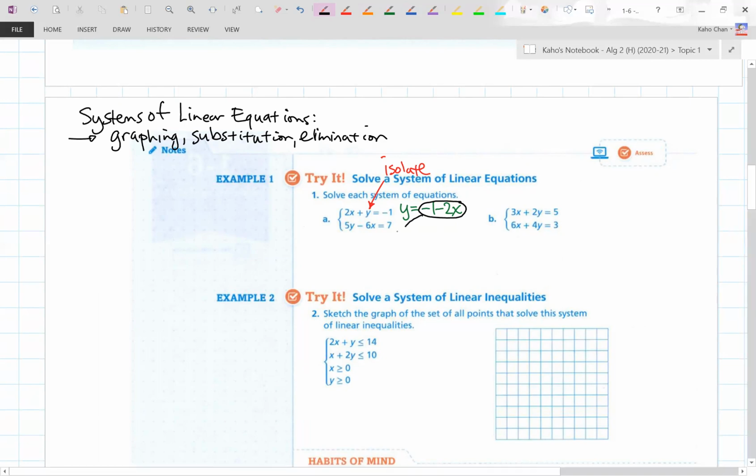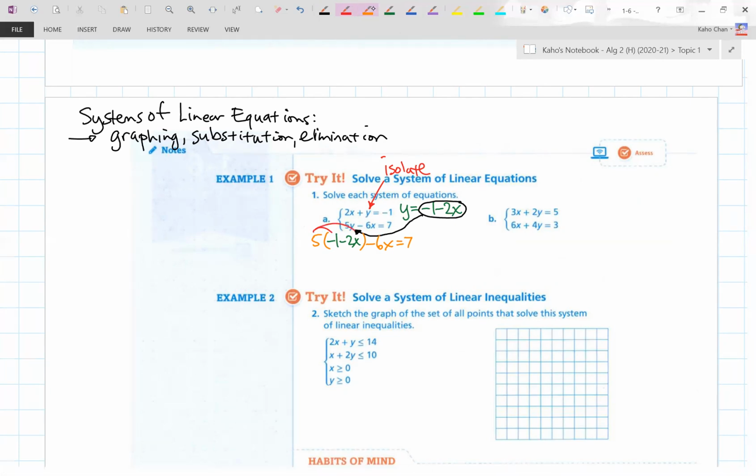It's going to be a little crowded here, so please be patient. So you see a big gap there with parentheses. I'm going to put in the -1 minus 2x into that gap. I'm going to go ahead and distribute the 5 and solve for x.